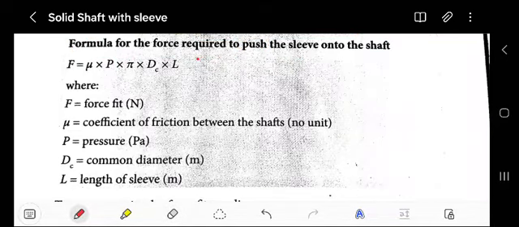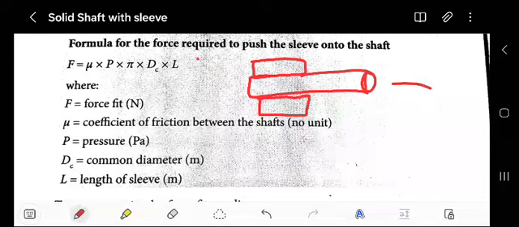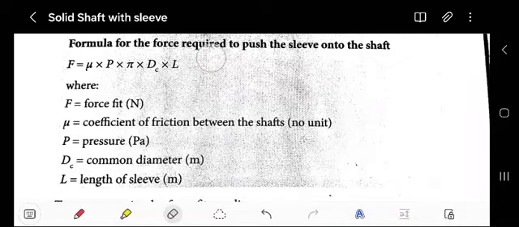Let's say we are given a sleeve like that. Make an example. Then we have a shaft, and this will be the force that pushes. Initially we'll discuss this sketch. The force required to push the sleeve onto the shaft is this one.